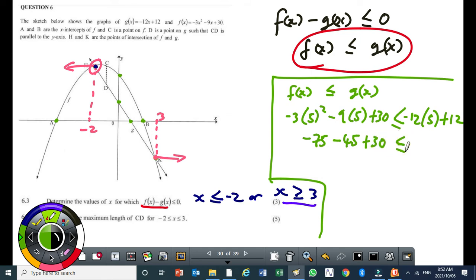That should give me minus 60 plus 12. Here, minus 75 minus 45 is minus 120. Minus 120 plus 30 gives minus 90. Can you verify that for me, please? It's correct, right? Then on the right, minus 60 plus 12 will be minus 48. Do you agree with me that minus 90 is less than minus 48?